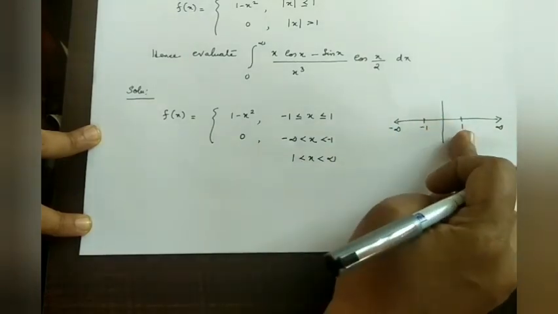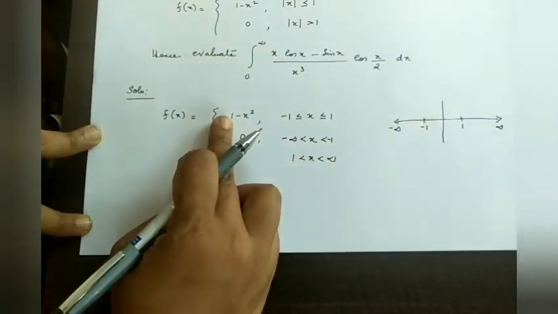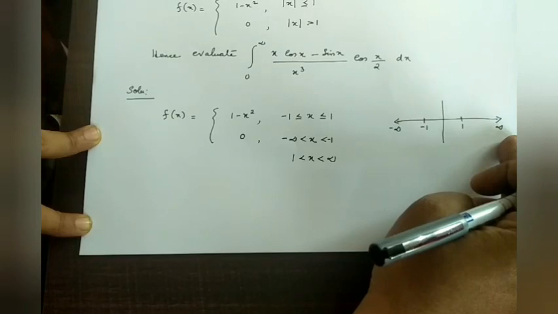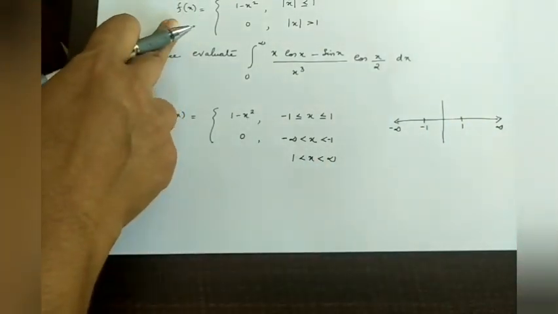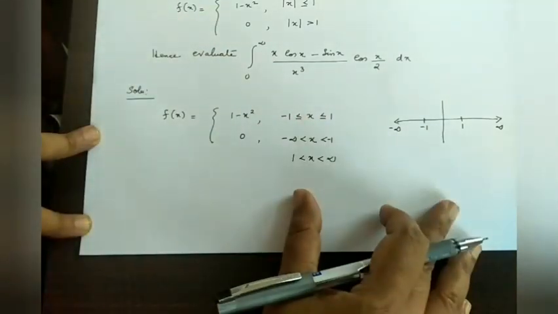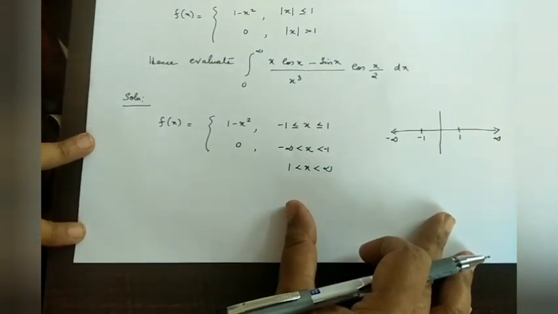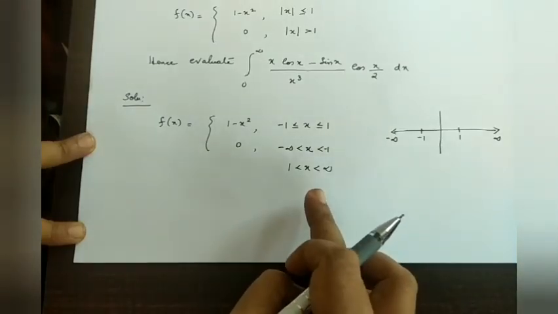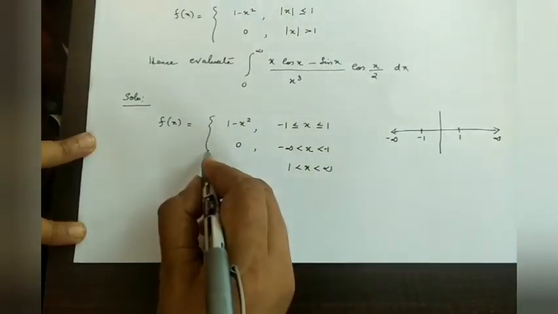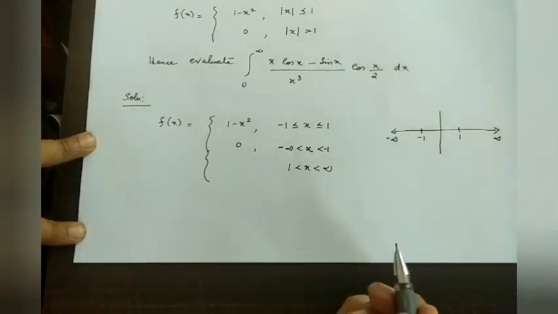From minus 1 to 1 the value of the function is 1 minus x², and from 1 to infinity it is again equal to 0. Therefore, redefining the question, f(x) is equal to 1 minus x² when |x| is less than or equal to 1 and 0 when |x| is greater than 1, before applying the Fourier transform of f(x).